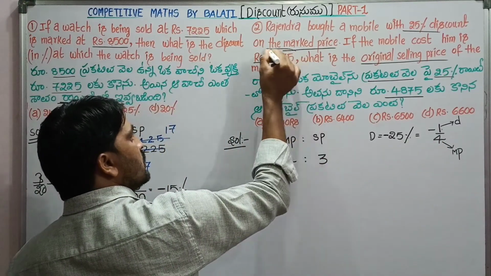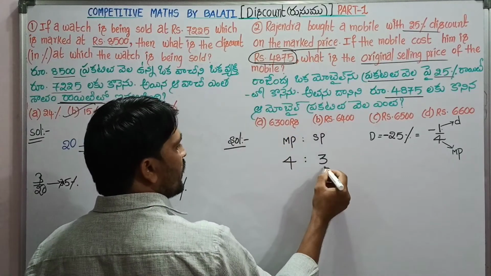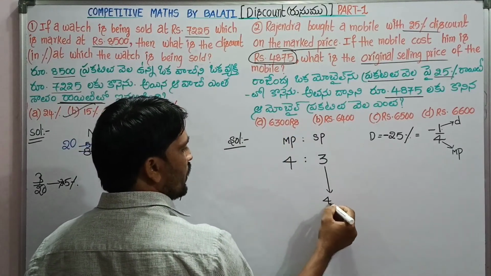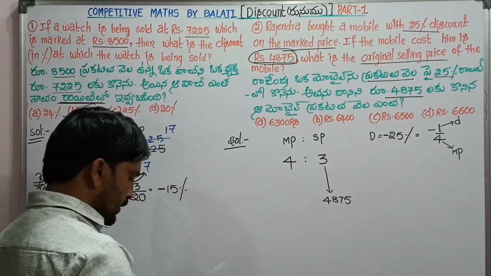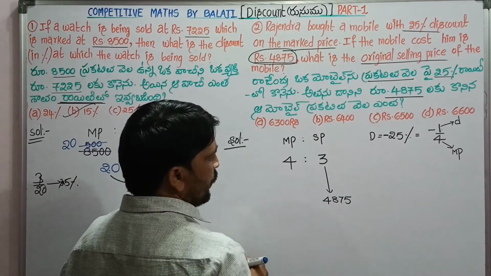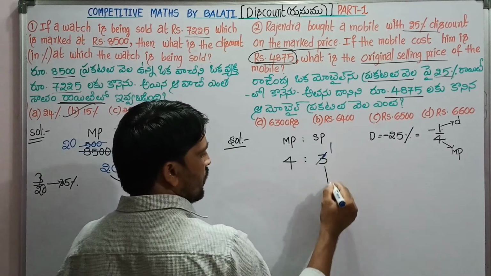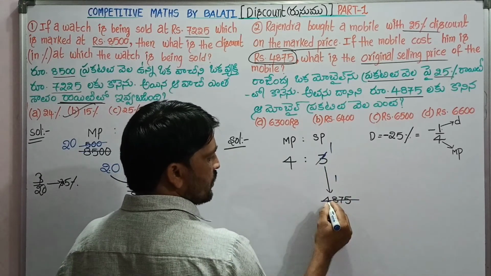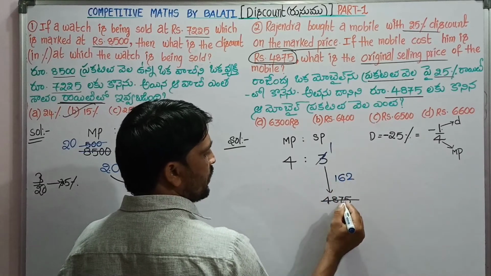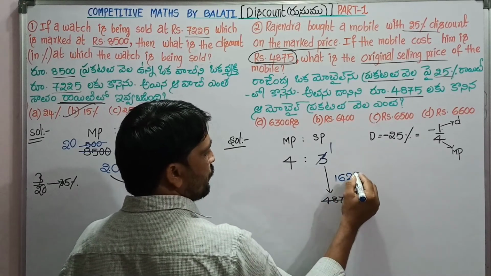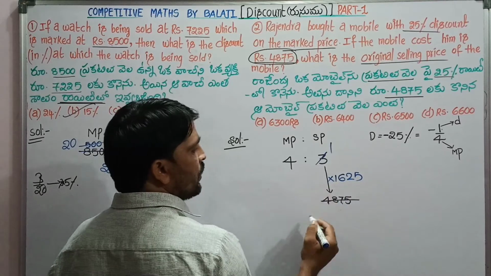And given that selling price of the mobile is 4,875, that is 3 units value is 4,875. So we have to find 1 unit value. 3 ones are 3, 1 8, 18, 3 6s are 18, 3 2s are 6, 1 remainder, 1 5, 15, 3 5s are 15. 1 unit value is 1625.